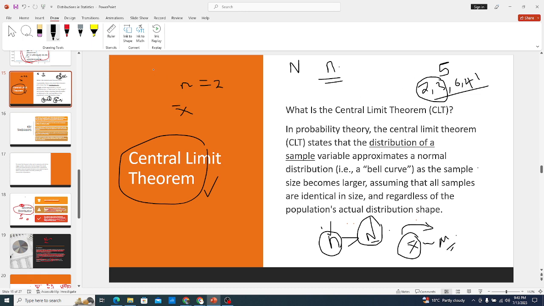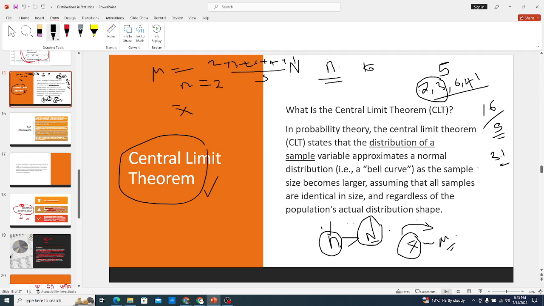We know the population mean will be 2 plus 3 plus 6 plus 4 plus 1, divided by 5. That is 16 divided by 5, which is 3.1 something.